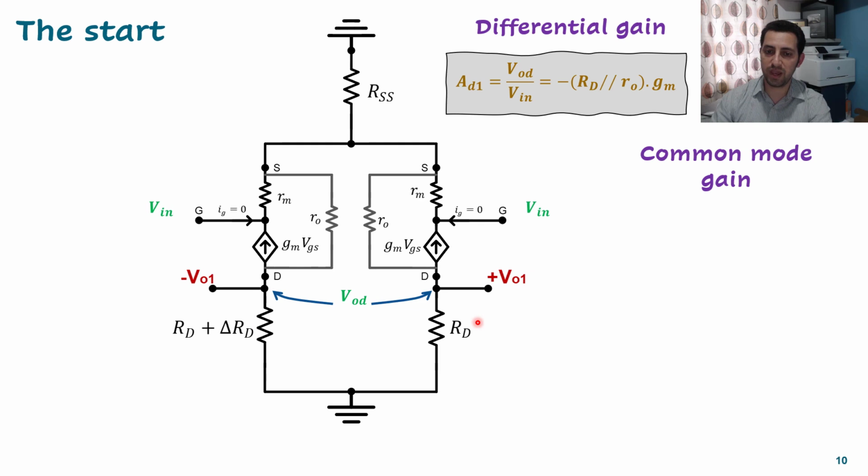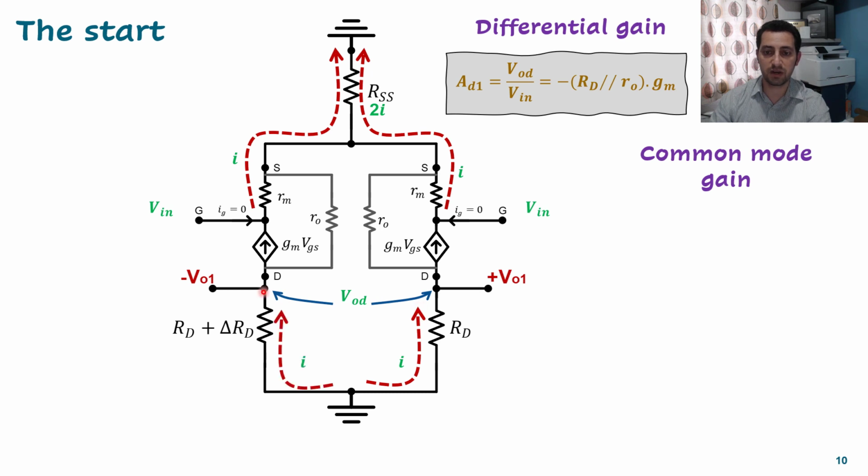But this result is valid if we are assuming here a very identical transistor and resistor branch here and here. But if we have some small variation happen to this resistor, for example, that Vn will push some current to this RSS, and that one as well will push some current through RSS, and that one will also be circulating to this RD and similarly to that RD. So what is the V output here?